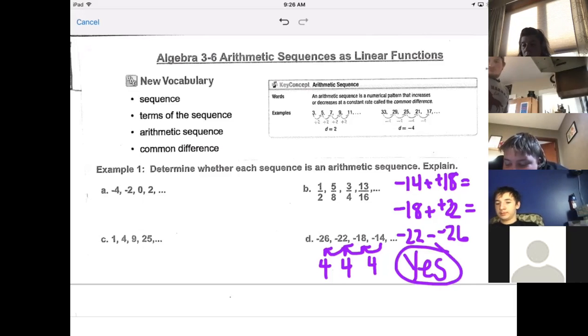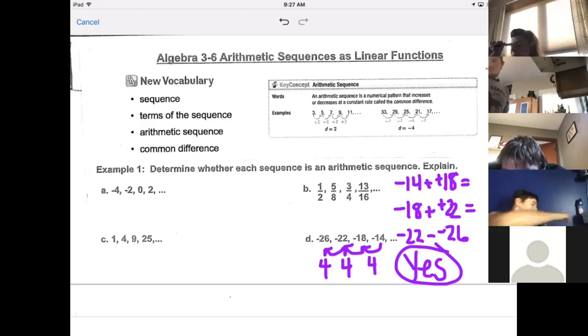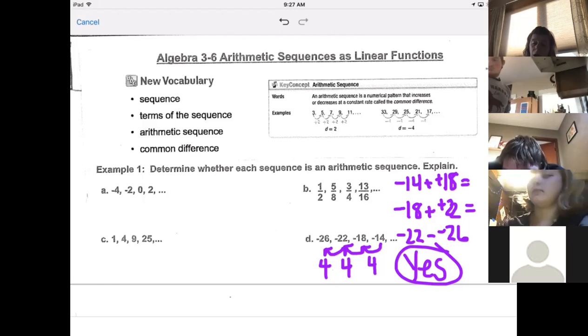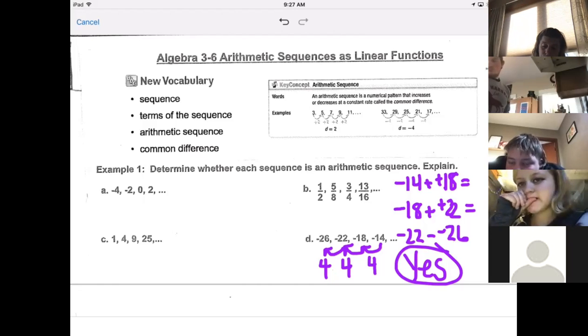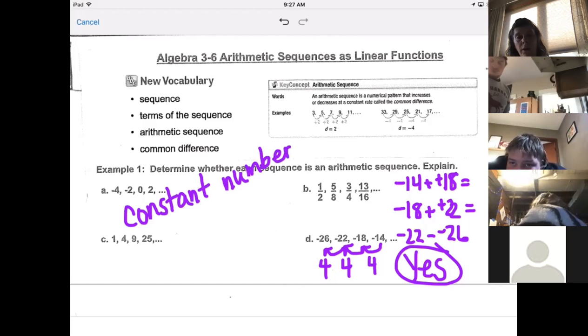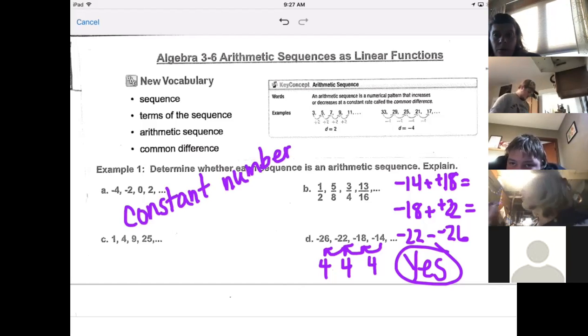Okay. So you guys, what do we know about an arithmetic sequence? That they're constant. Okay. So you have a constant number that you do what to each of those terms?